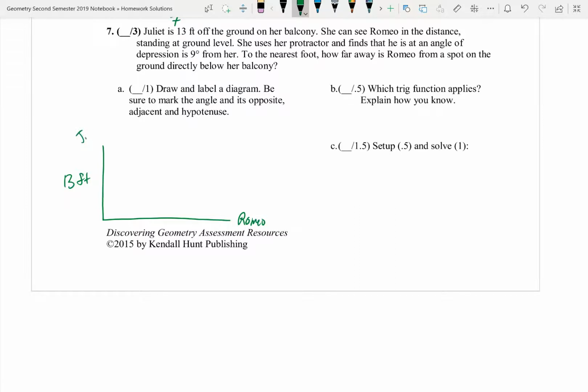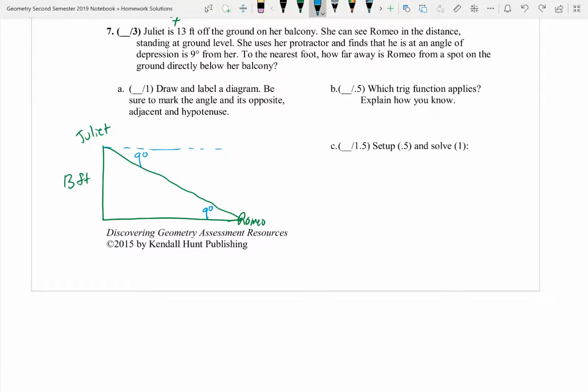And here is Juliet. And they're a certain distance apart from each other. Now the question is, she's at an angle of depression of 9 degrees. Now an angle of depression always starts at the horizontal, making this here 9 degrees, which makes that 9 degrees, since they're alternate interior angles, because these lines here are parallel, right? That's a transversal. Those are parallel.